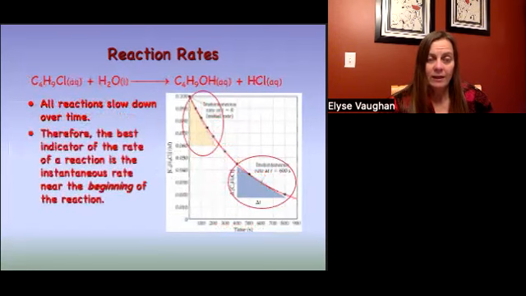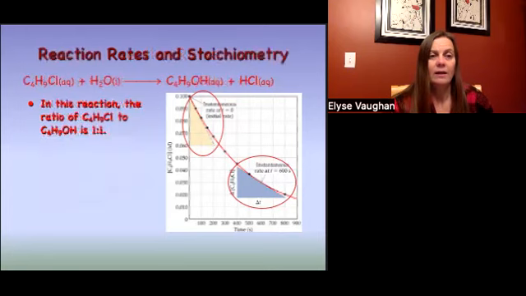Notice that at the beginning, our reaction is faster. We have a higher instantaneous rate, and towards the end, we have a lower instantaneous rate. So the best indicator of the rate of reaction is that instantaneous rate at the beginning of the reaction.